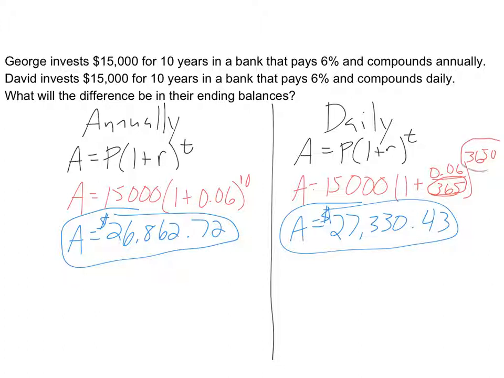And we would also take our years times the number of compounding periods, so our exponent is 3650. So we'd have 15,000 times 1 plus 0.06 over 365 raised to the 3650th power, giving us a total of $27,330.43. So we gain an extra roughly $500 compounding daily versus annually.